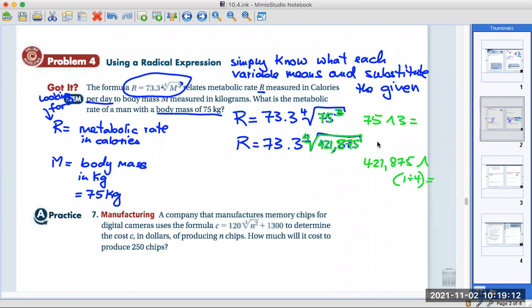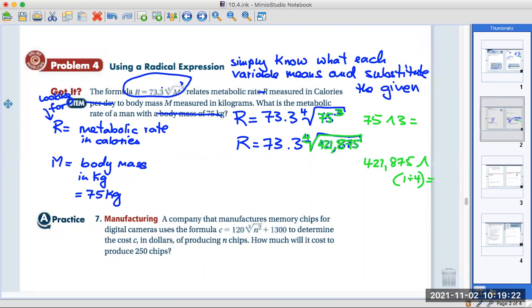It's the same as 421,875 to the power of 1/4. So this is the same as this, and this is how you put it in the calculator to get the answer.